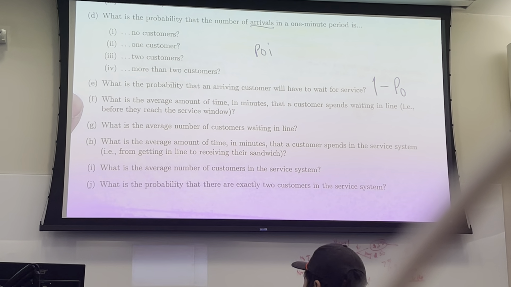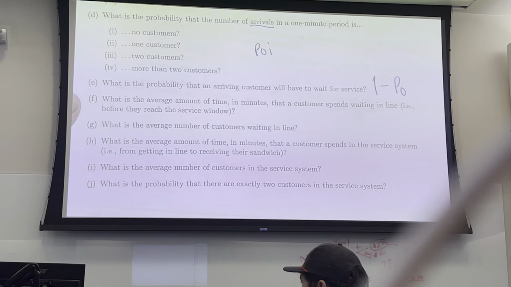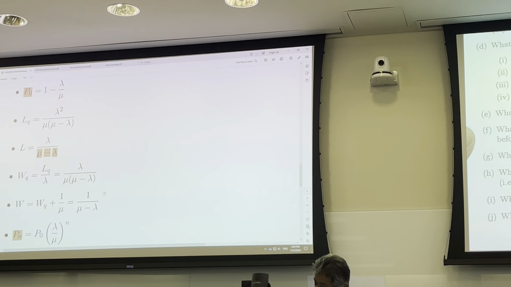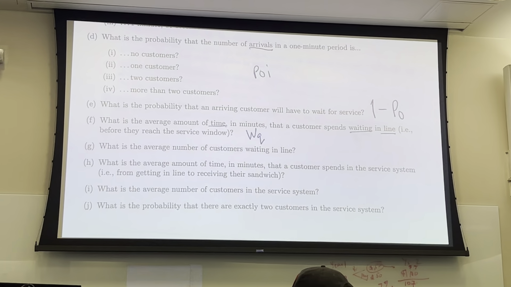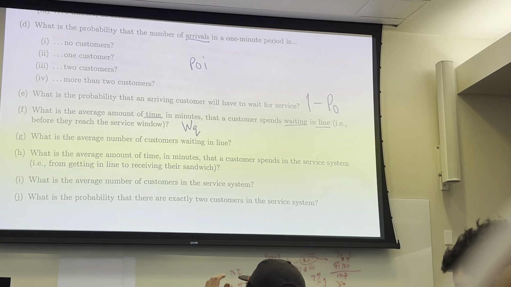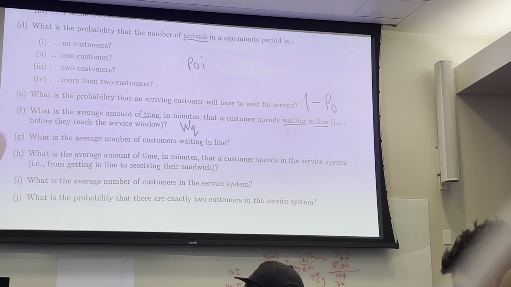Average amount of time that a customer spends waiting in line before they reach the service window. Which of these characteristics is that? WQ. Time they spend waiting in the queue is WQ. Average number of customers waiting in line, LQ.